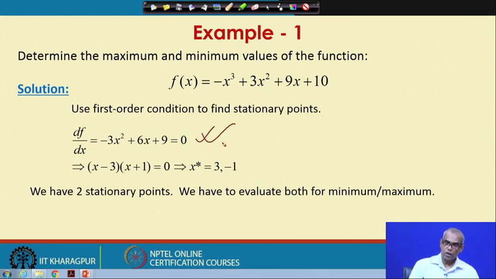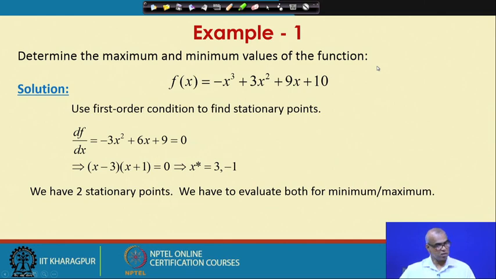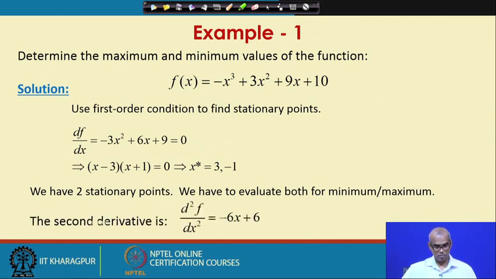From this, we get the stationary points as x star equal to 3 and minus 1. So, we have two stationary points. We have to evaluate both the stationary points and check whether maximum occurs or minimum occurs. Let us take the second derivative.